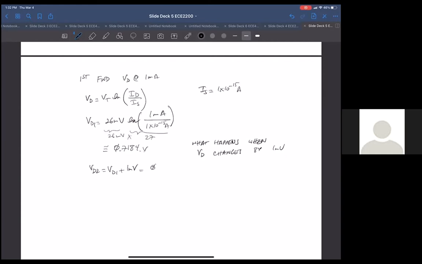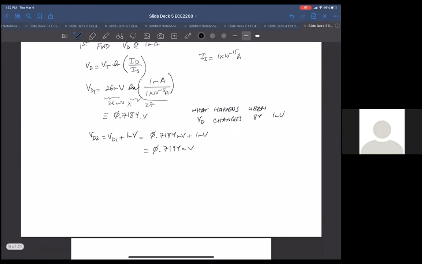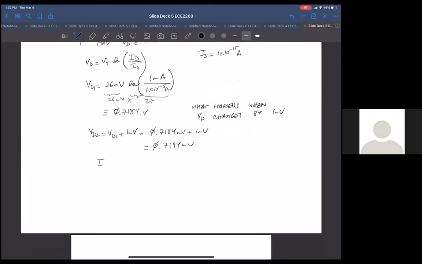So it's 0.7184 volts plus 1 millivolt, which is 0.7194 volts. And now to get the current at that new point, I get ID2 is I sub S exponential of 0.7194 volts over 26 millivolts.